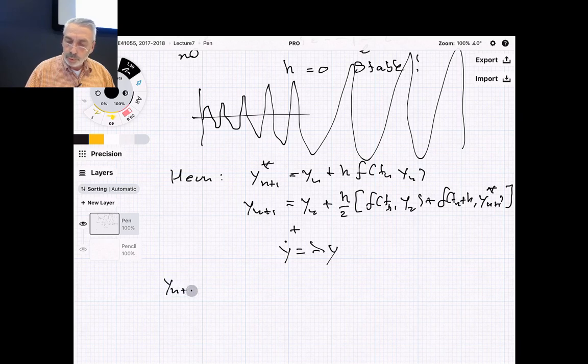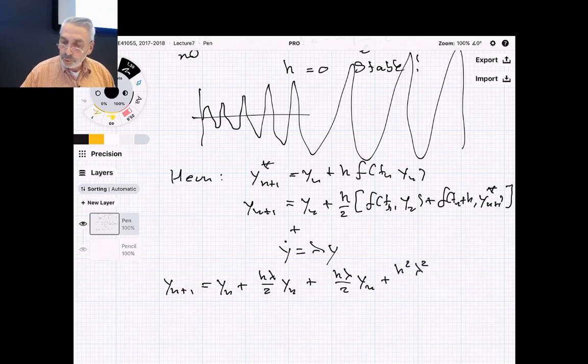We get yn plus 1 equals yn plus h lambda over 2 yn plus h lambda over 2 yn plus h squared lambda squared over 2 yn. So that's when you put everything into the equation and just write it out.